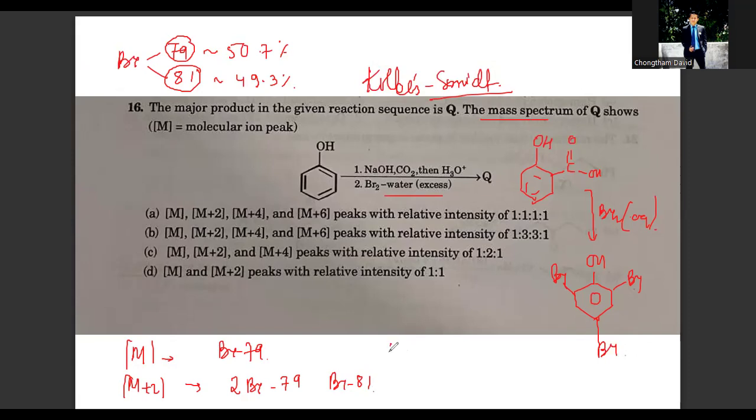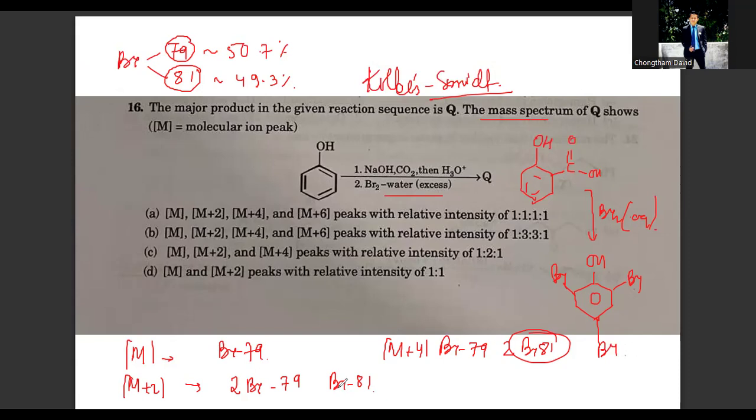And M plus 4, in this case one is bromine 79 and two are bromine 81.